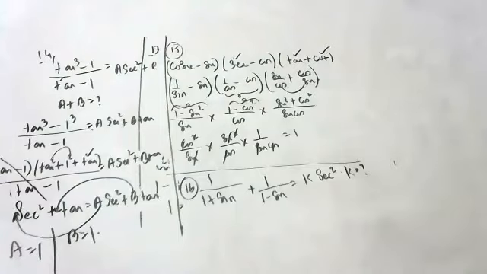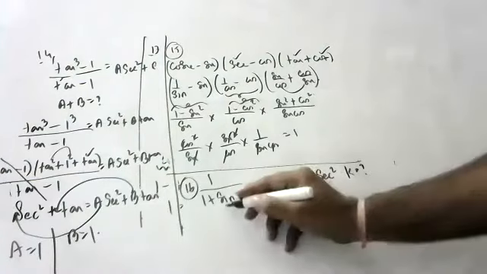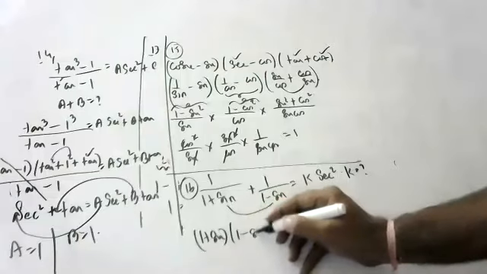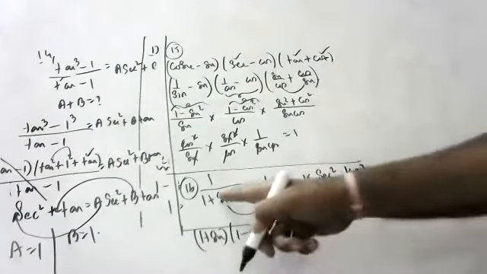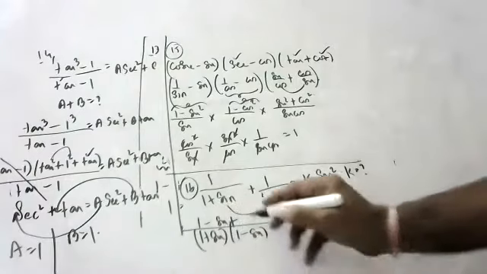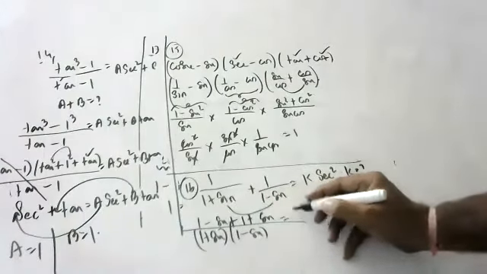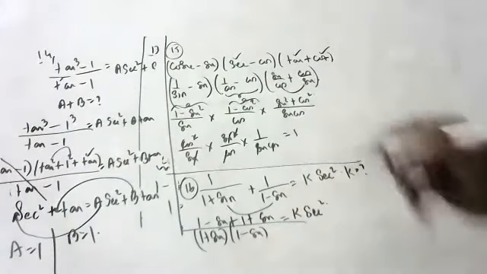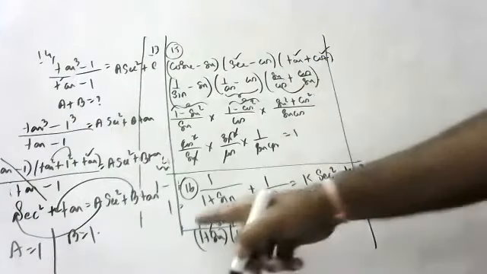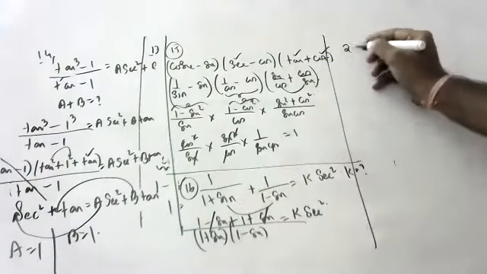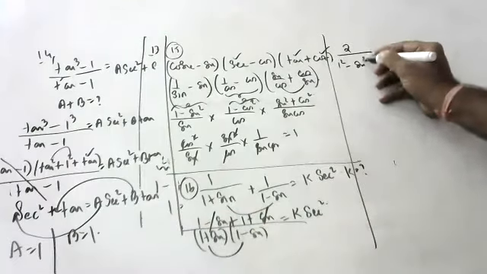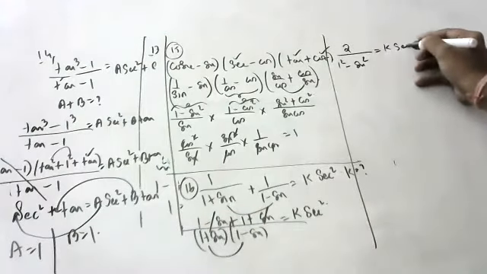Varshini, LCM of this: 1 plus sine into 1 minus sine. Numerator: 1 minus sine plus 1 plus sine, the sines cancel, so 1 plus 1 is 2. 2 divided by 1 minus sine square is equal to k secant square.